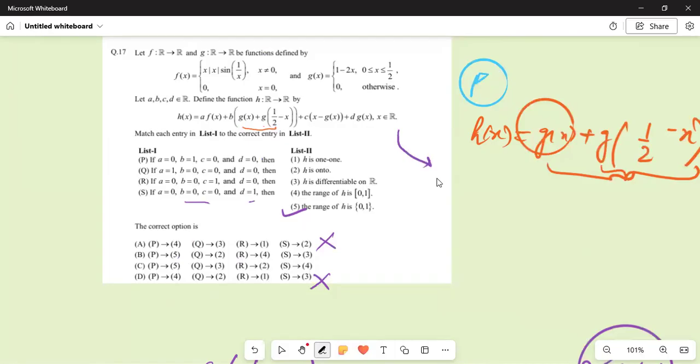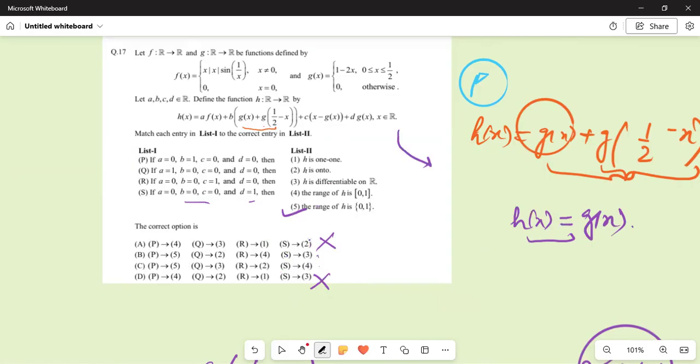This means H is only g(x). Using the P part, we could say that P is taking the fifth option. So either C option is right, or B option is right.